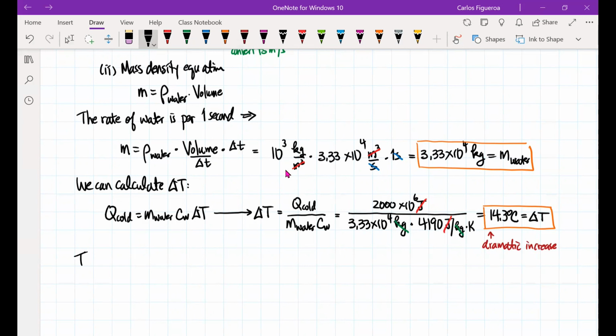So the final temperature of the water, T final, is the initial temperature, which is 18 degrees C, plus the change in temperature of 14.3 degrees C, and this equals 32 degrees C for T final.